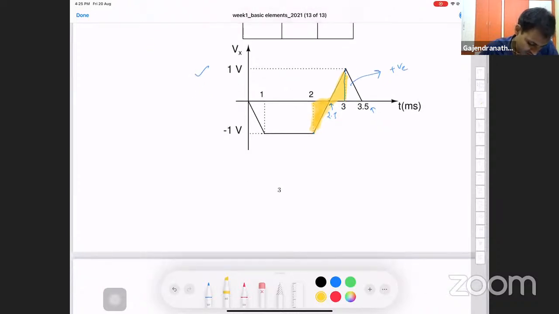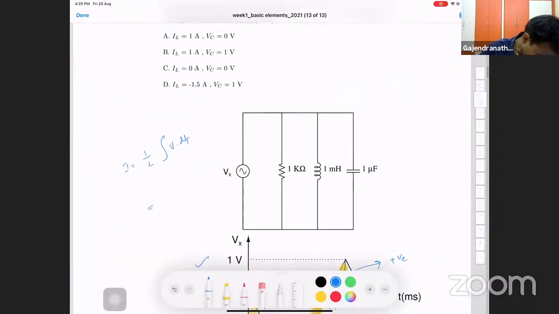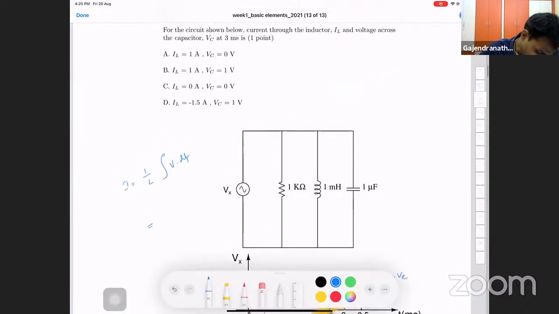If I compute the area of this triangle, the base is 1 millisecond and the height is minus 1, plus another 1 millisecond that is constant at minus 1. So it's basically minus 1.5 milli, divided by the inductor value of 1 milli.